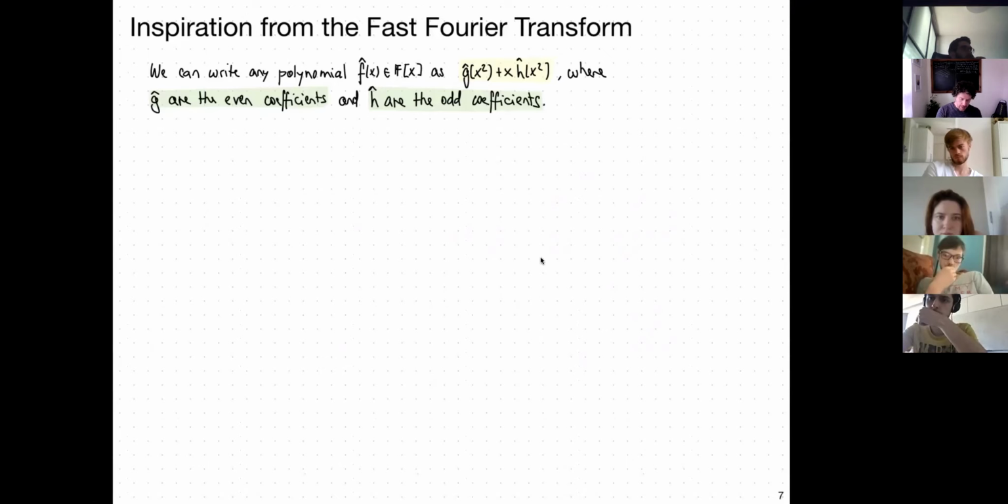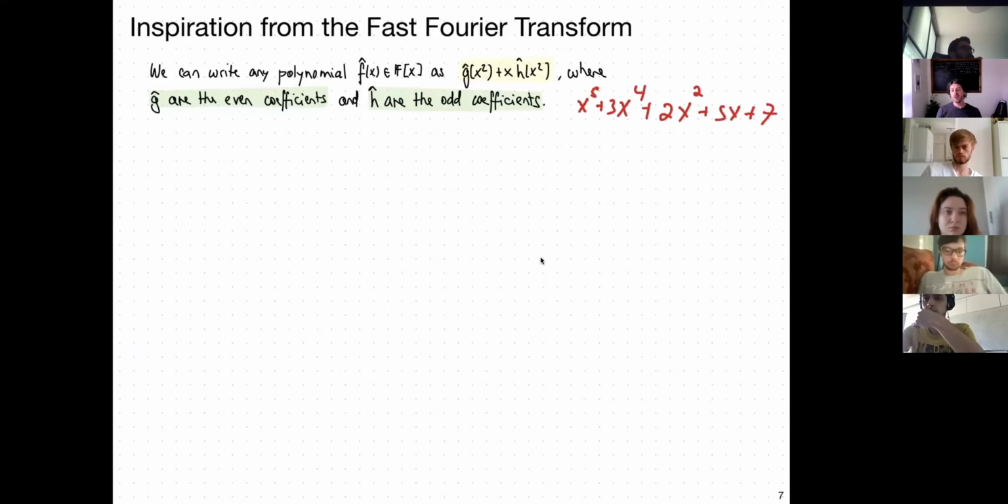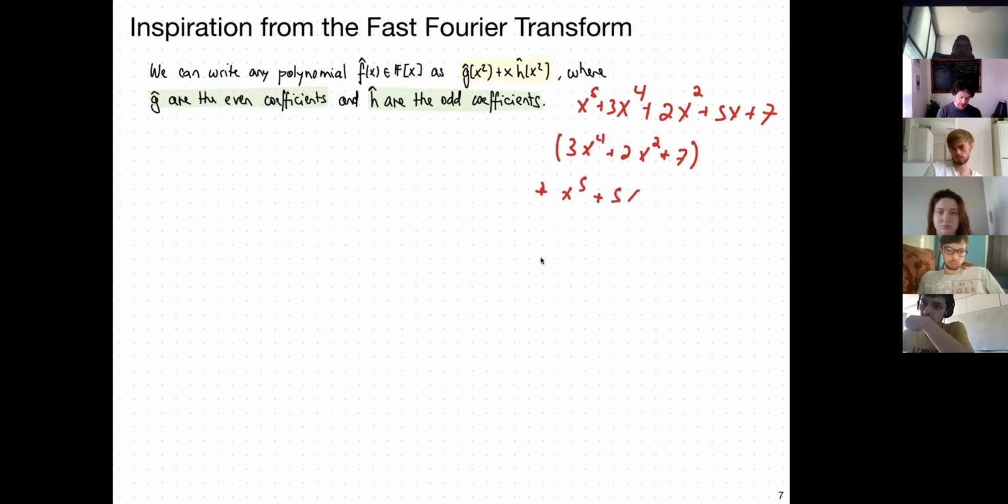So you have x^5 + 3x^4 + 2x^2 + 5x + 7. You can naively group this into 3x^4 + 2x^2 + 7, and then x^5 + 5x. Then you can take x out of both of these terms and write it in these terms.